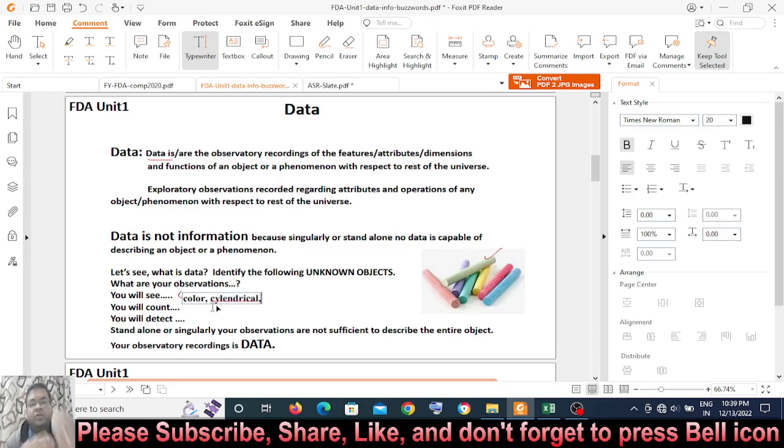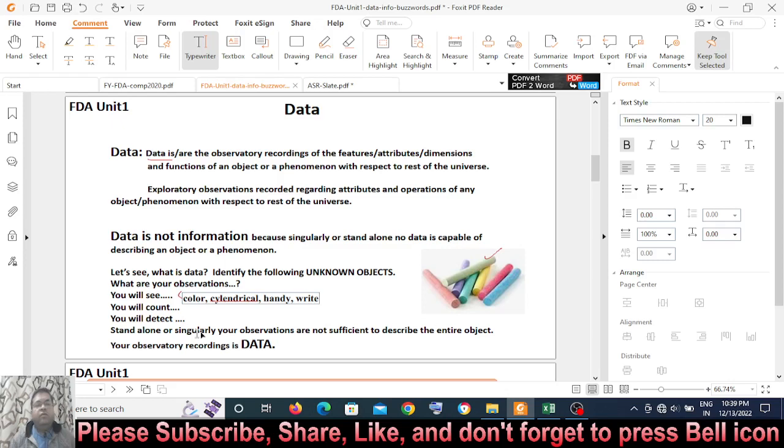Then you say it is handy, that is, we are seeing the size. And then you say function. So color is there, cylindrical is there, handy is there, function is there. Or we can say writable.